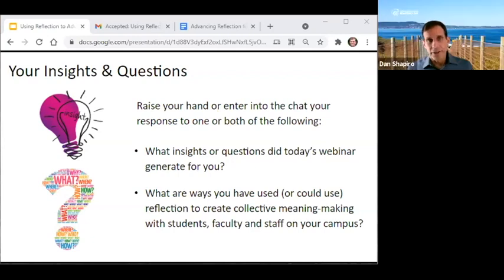Right, and when we take the rubrics and work with faculty, we try to make it really clear that these aren't mandates in terms of what they have to do or how they have to structure their assignments. We talk about them as being tools that faculty can use to make their assignments better.